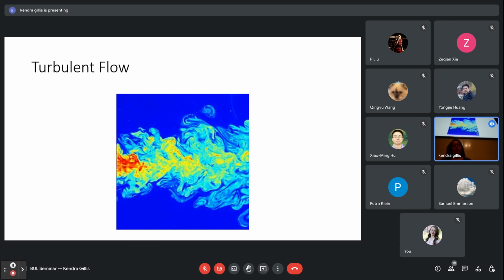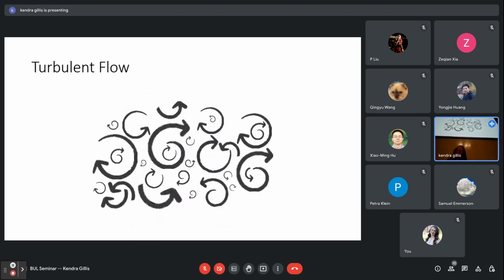So generally, the definition of turbulent flow is just this, as you can see in this picture: all of the spinning and the eddies and the chaotic motion of a fluid that's been disturbed. This can be represented with lots of what we call eddies, which is where the fluid is spinning.